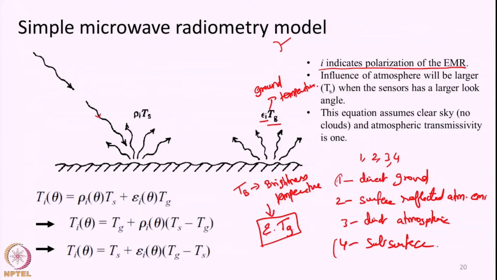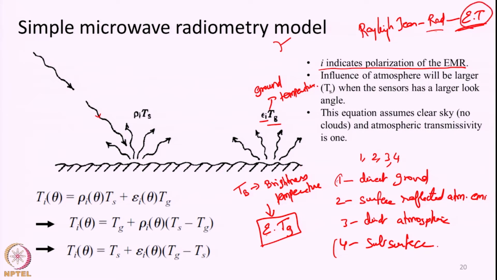So, the product of emissivity and the true physical temperature will give us the brightness temperature. We think in terms of brightness temperature because as per Rayleigh-Jeans approximation, the radiance emitted by the surface is directly proportional to the product of emissivity and temperature. The rest of the terms are constant, so this will be the only term that varies.